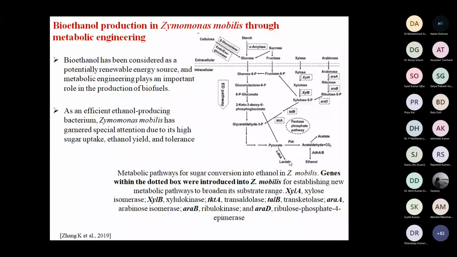Similarly, here also, in this case which was done in Zymomonas, this pathway is going to play a very important role, because basically the pentose phosphate pathway is required so you can reach that stage before the glycolysis.